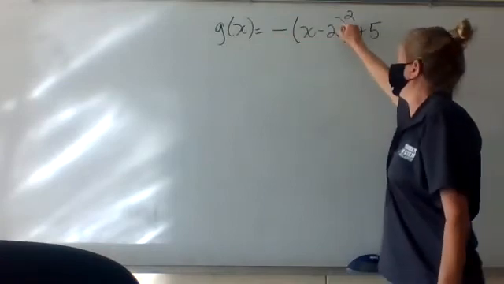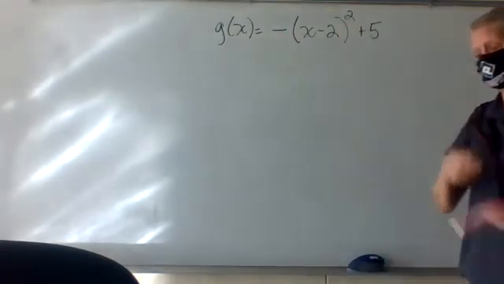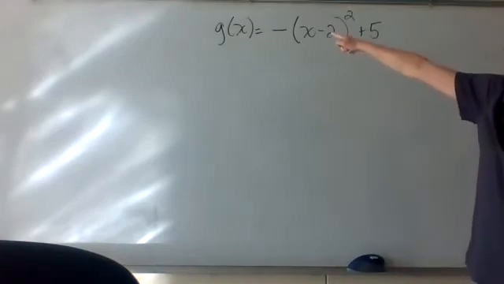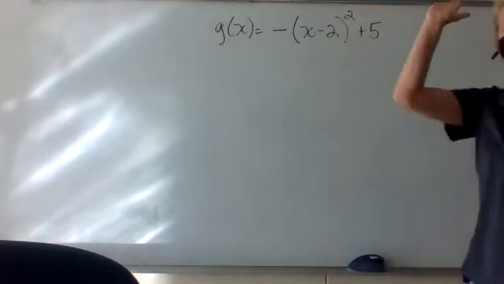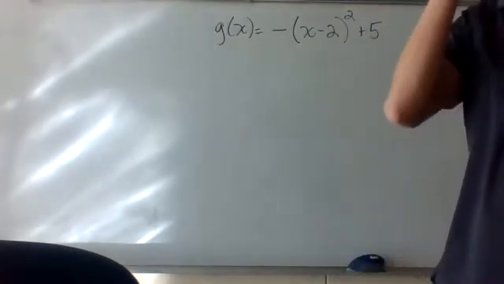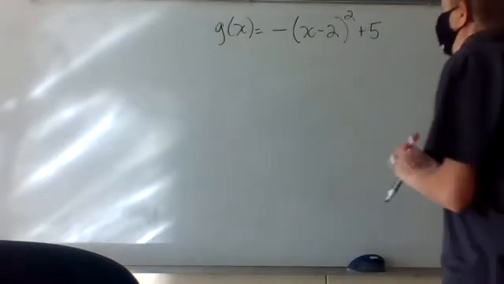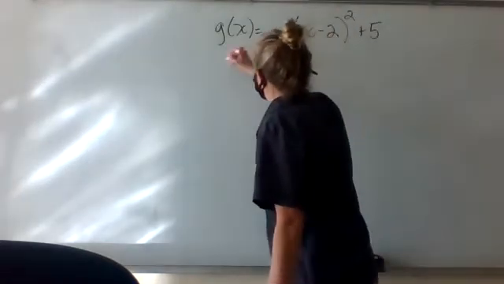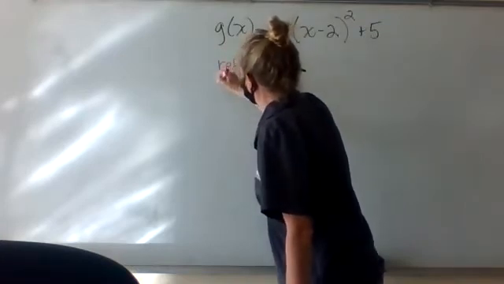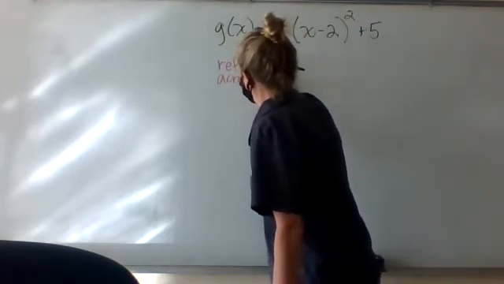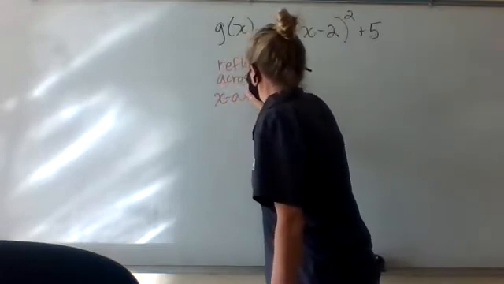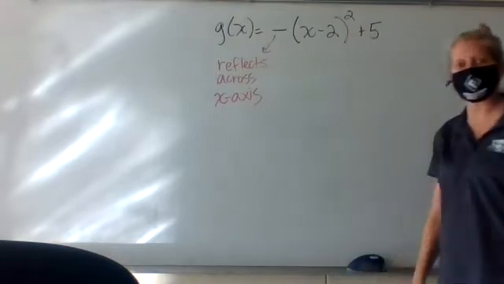So again, it's starting off with the graph of x squared. Let's see what else is happening. If you're negative out front like this, that is going to flip that parabola upside down. Okay? It's not going to say it like that. It's going to tell me that this right here reflects across the x-axis.